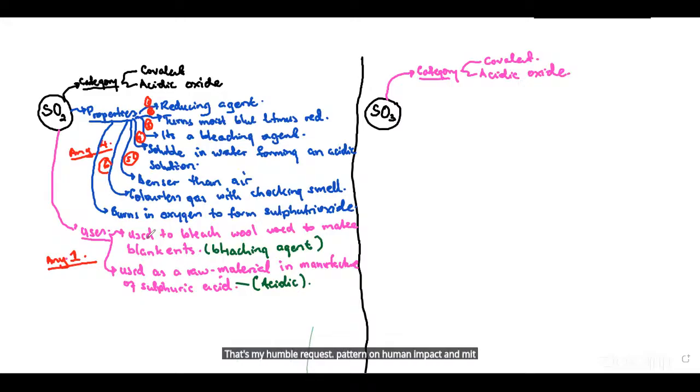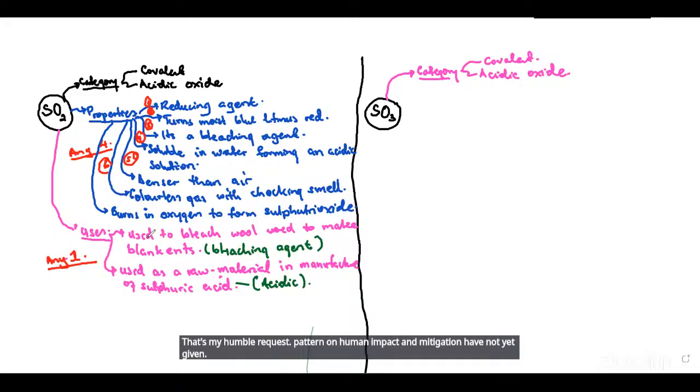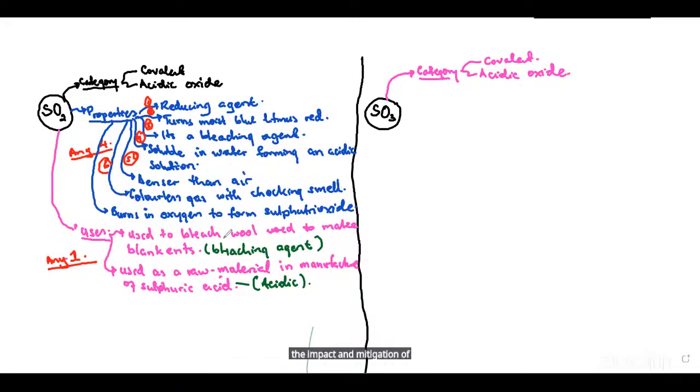Pardon, on human impact and mitigation. I've not yet given the impact and mitigation of these two, but from manufacture of sulfuric acid, we've seen them already. Impact is shared: both sulfur trioxide and sulfur dioxide have the same impacts.